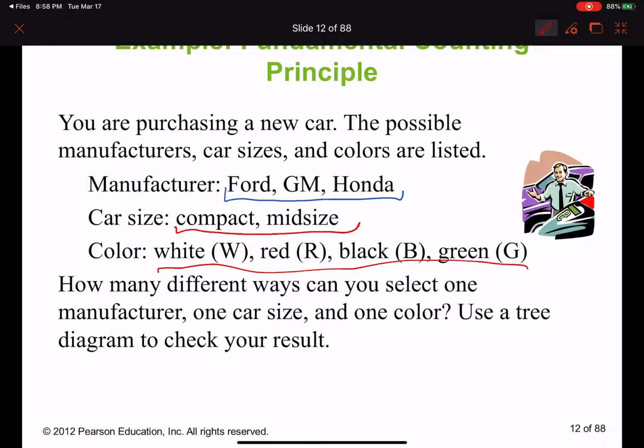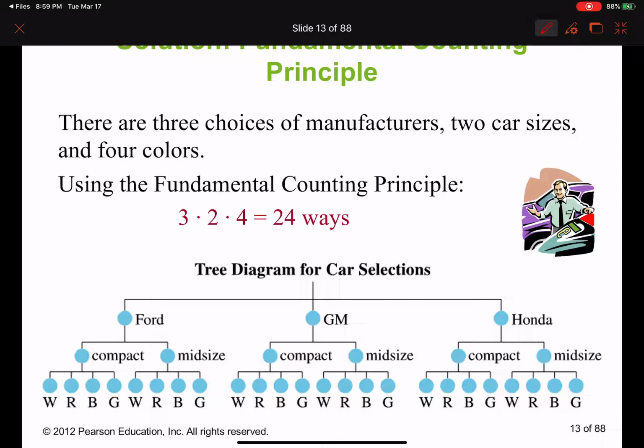How many different ways can you select one manufacturer, one car size, and one color? Use a tree diagram to check your result. Well, we don't need to use a tree diagram to check the result. We have 3 manufacturers. We have cars of 2 sizes, and we have 4 colors. So it's going to be 24 choices, right? Here is 24. Ford, GM, Honda. Every case has compact and mid-size.